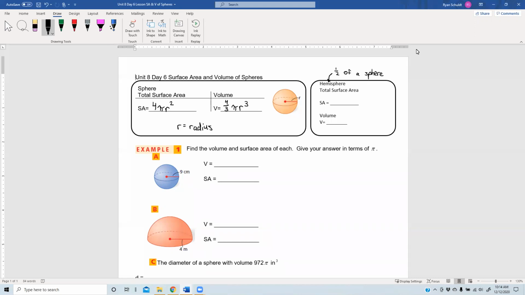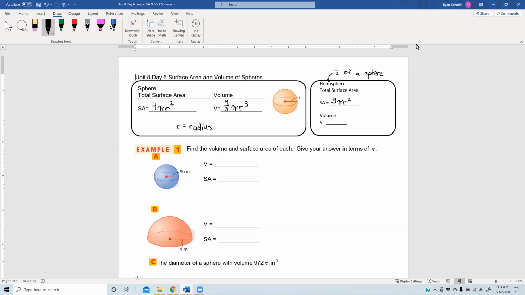We can't do that because yes, that's the outside, so that's all this part. But then what do we have now? If I cut this in half, I've got a circle that it's sitting on, which is another pi r squared. So for total surface area, our formula is 3 pi r squared. That's for a hemisphere, 3 pi r squared.